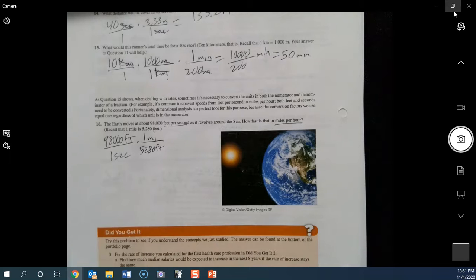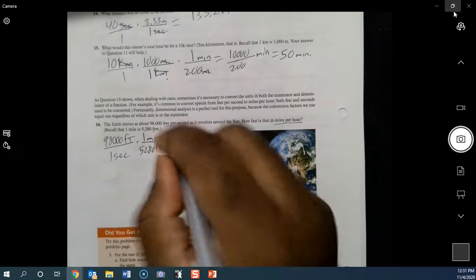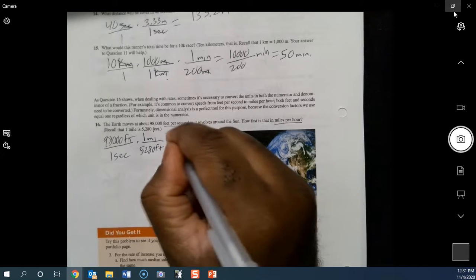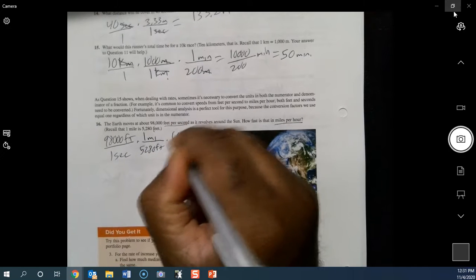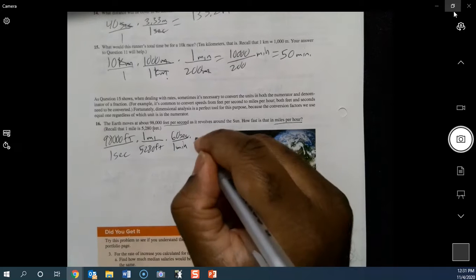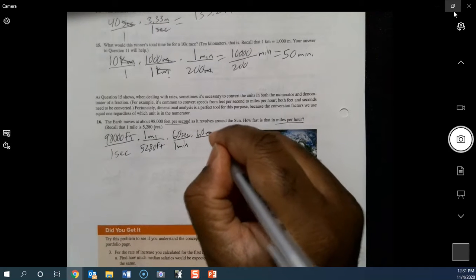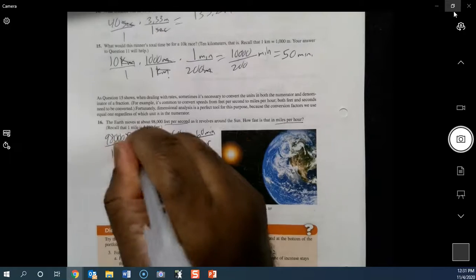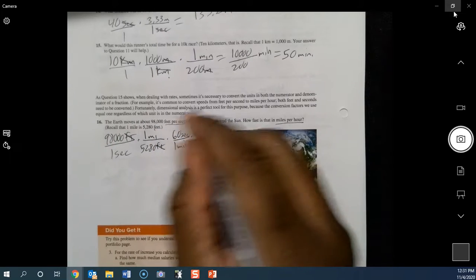Now, the next thing we need to do, that'll take care of our miles. But now we want to go from seconds to hours. So first, let's go from seconds to minutes. It takes 60 seconds to equal 1 minute. And then we're going to go from minutes to hour. It takes 60 minutes to equal 1 hour. So the feet would simplify each other out.